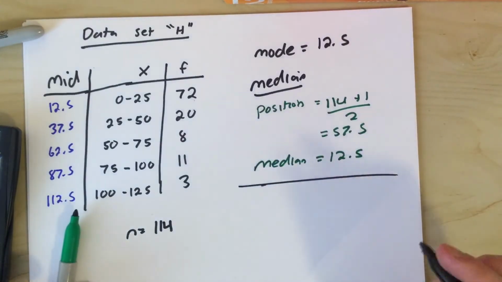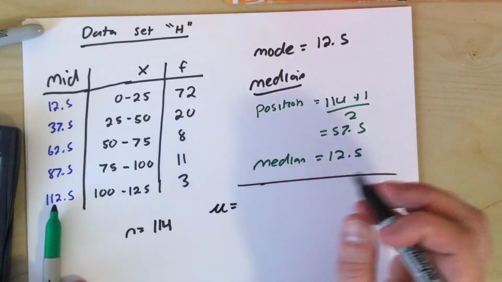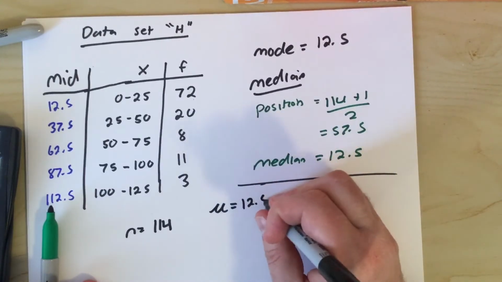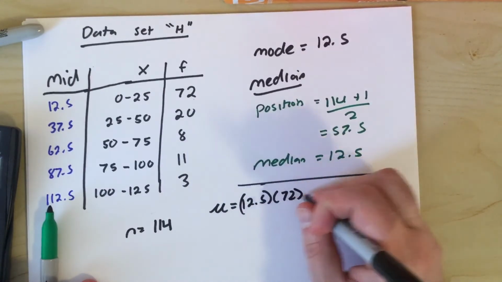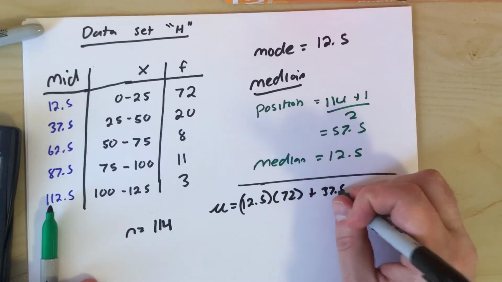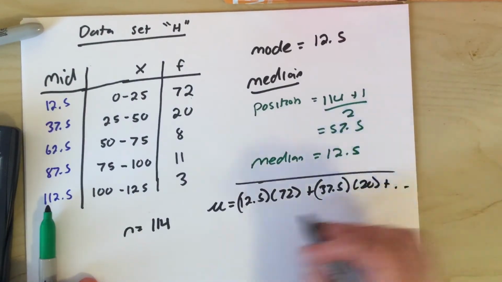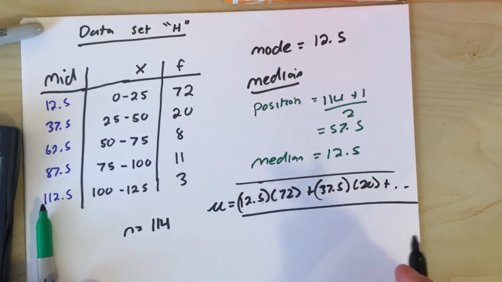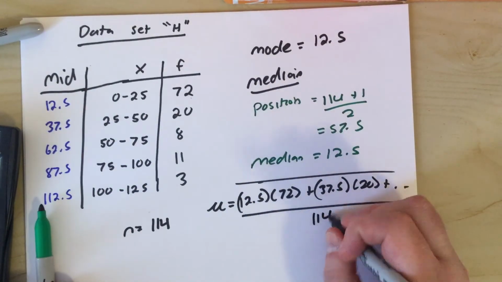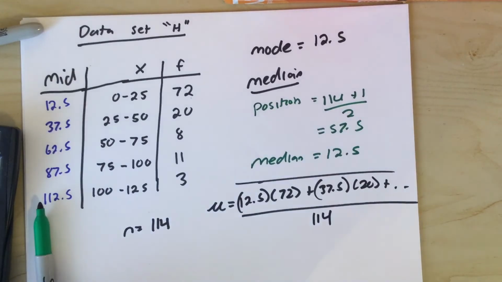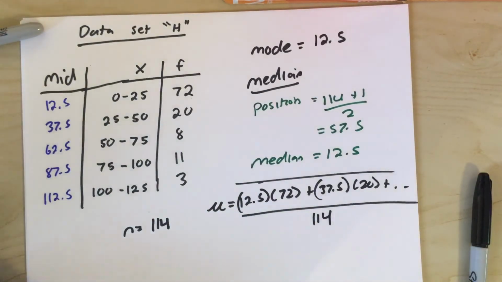And then the mean is going to be 12.5 times 72 plus 37.5 times 20 plus etc. going down, all divided by the 114, which is the sum of the frequencies.